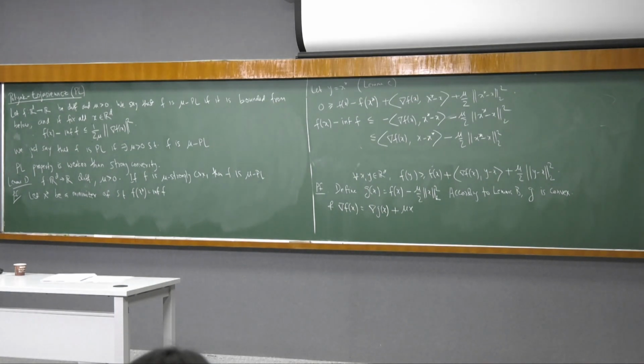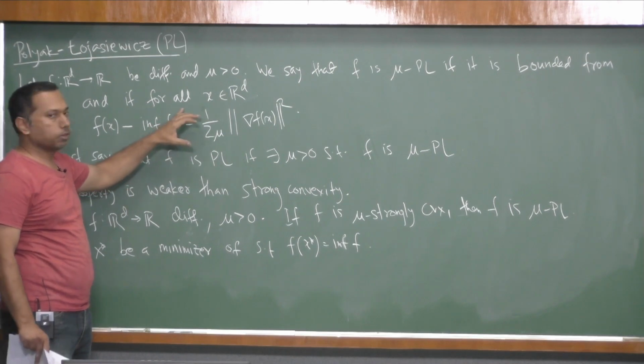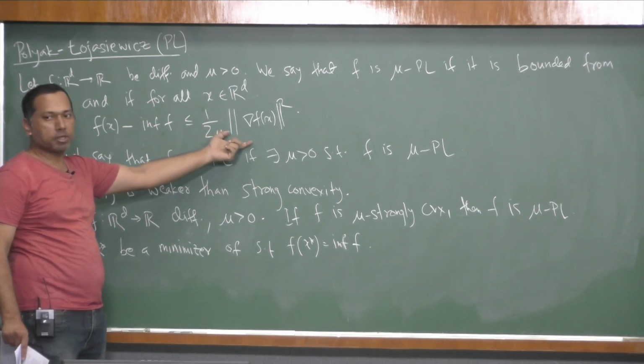But I mean, when you are solving these convergence results and so on, you know for sure that you are going to prove the PL condition, right? So what you do in that case, you just add and subtract.